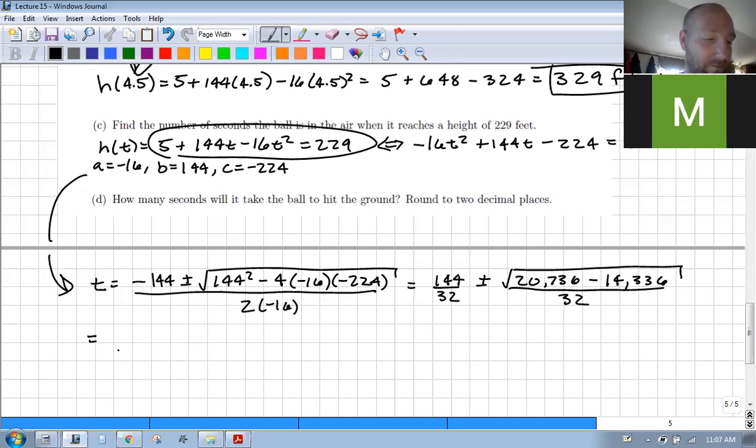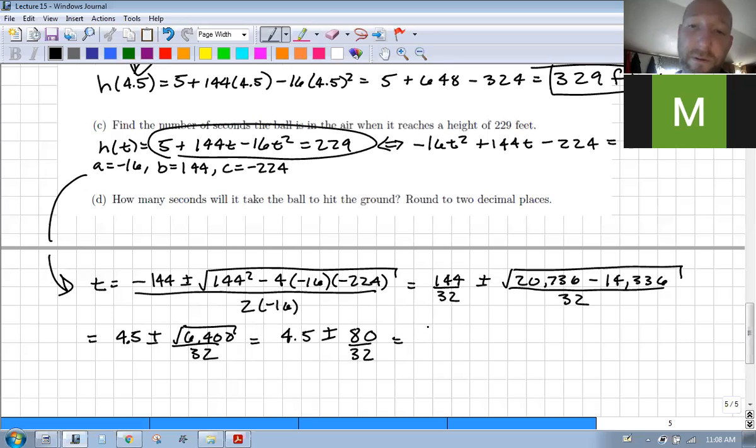All right, 144 divided by 32 is 4.5. Plus or minus, all right, 20,736 minus 14,336 is 6,400 over 32. 4.5 plus or minus the square root of 6,400 is what, 80. 80 over 32.